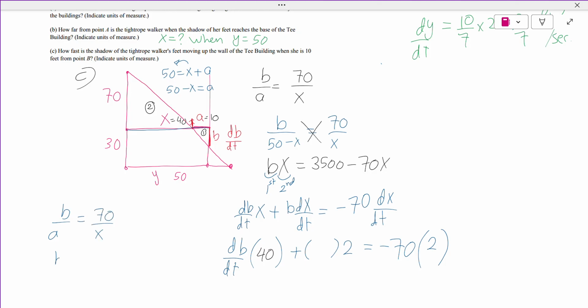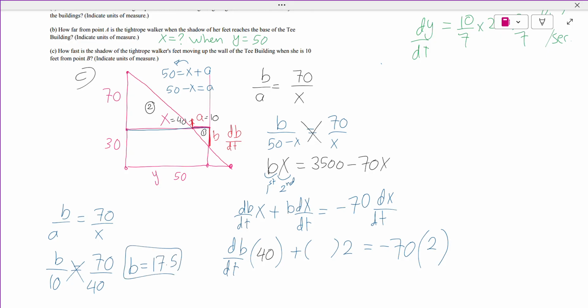So we are looking for B. We know what A is. A is equal to 10, right? Equals 70 over x, and x will be 40. So use cross multiplication. Multiply 10 times 70 and then divide by 40. You must get B equals 17.5.